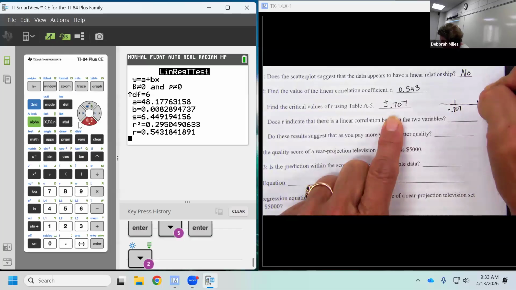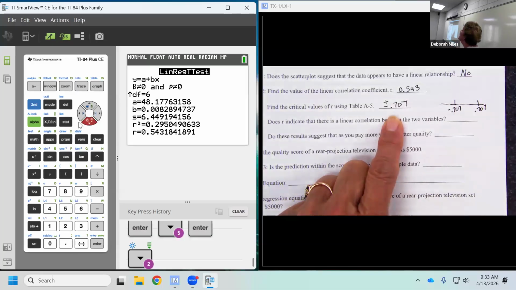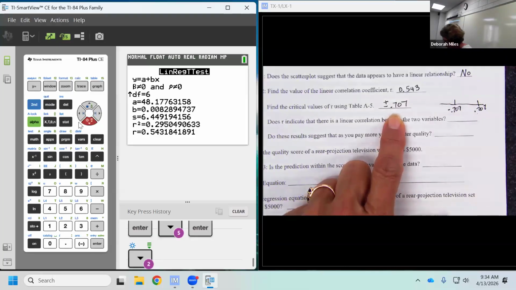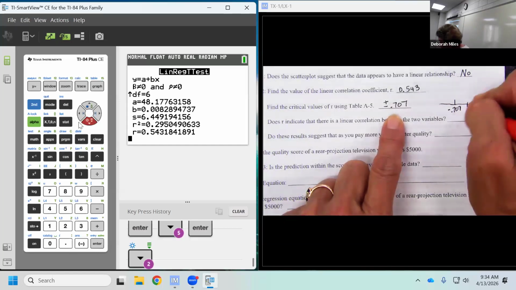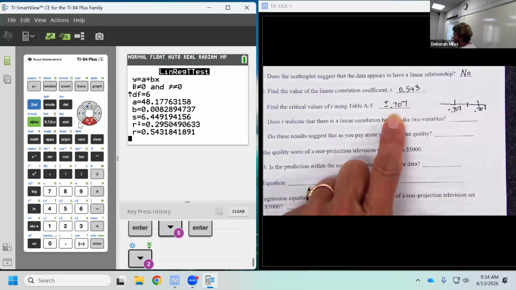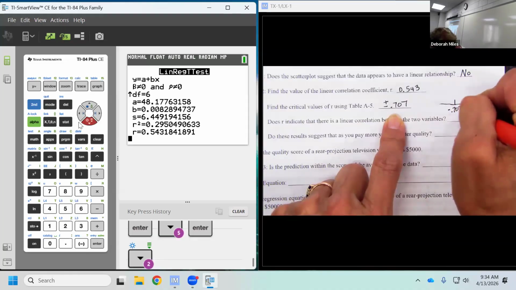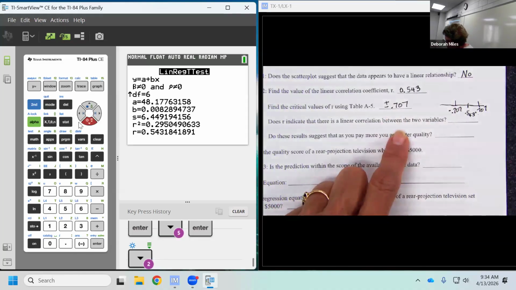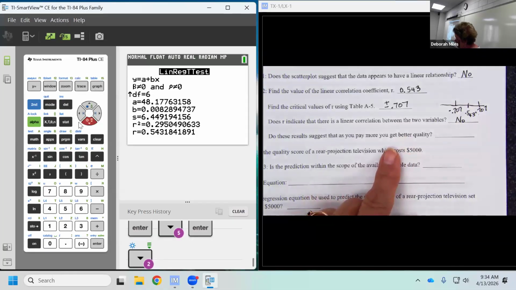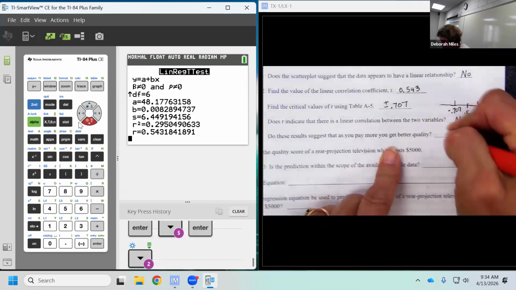This is what I was trying to get you to say, Lily. Yes. Correct. Exactly. It's closer to 0 than it is to being outside the critical numbers. My 0.543 here is inside, which means no. So do those data points seem to suggest that the more you pay, the better quality you get? No.